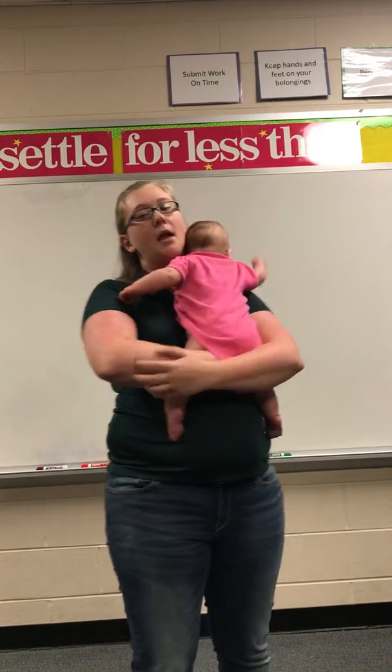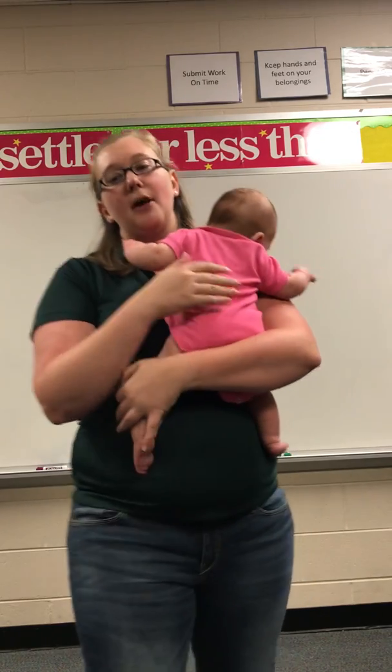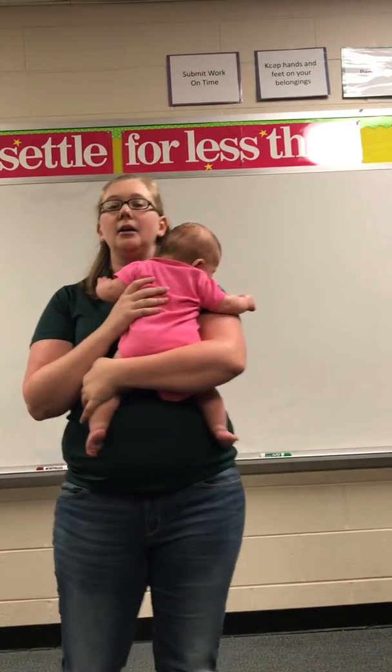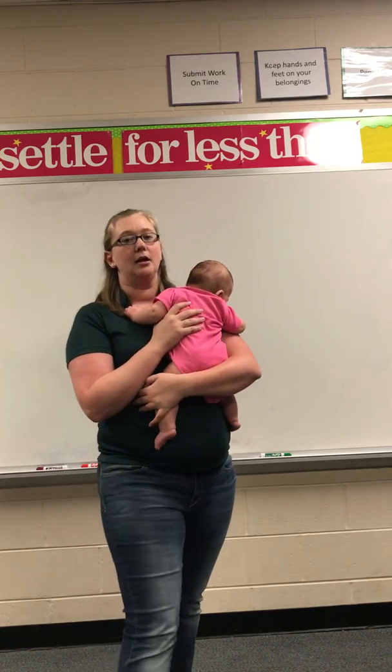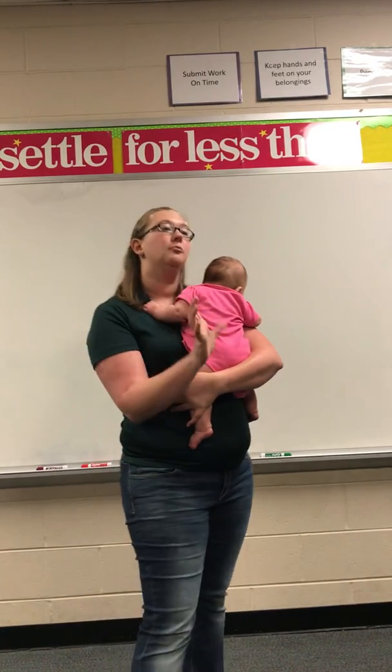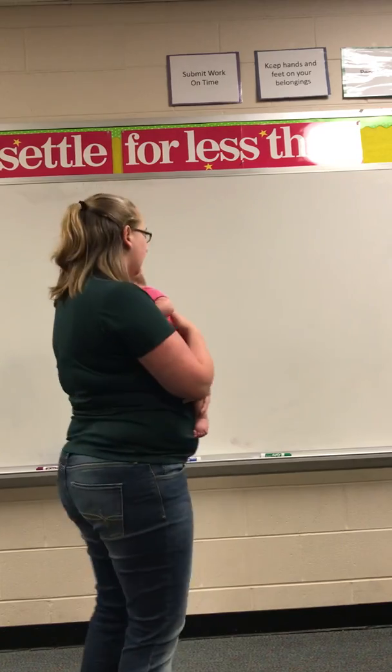So, the associative property is all about grouping things, and when we are adding and when we are multiplying, we can adjust and regroup to make problems easier to solve.